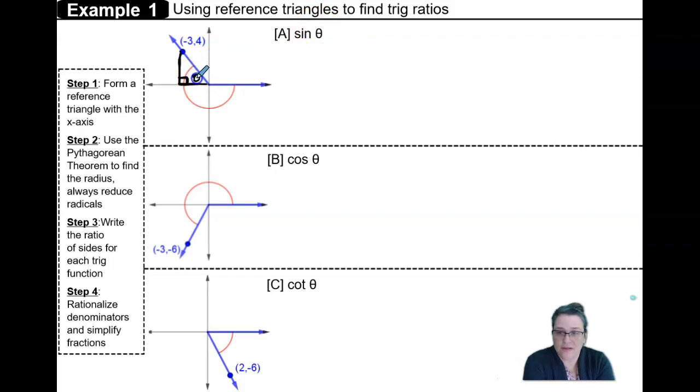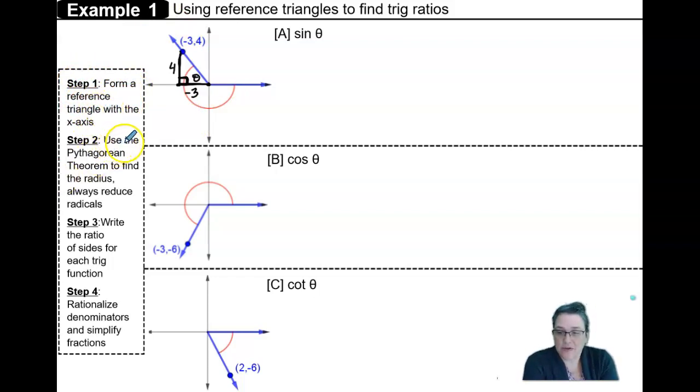So this is my acute angle theta. The distance from the center to the intersection with that perpendicular is the x distance of the ordered pair, so that's -3. Then the vertical distance is the y value, that's a +4. And that's step number 1, to form a reference triangle with the x-axis.